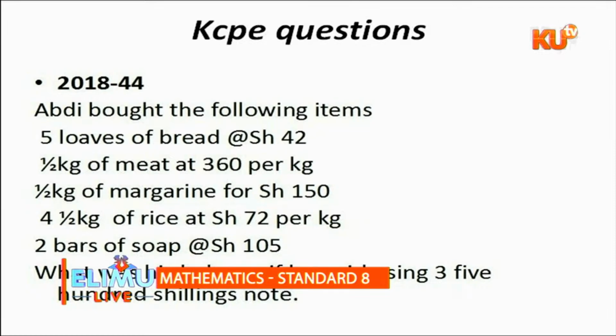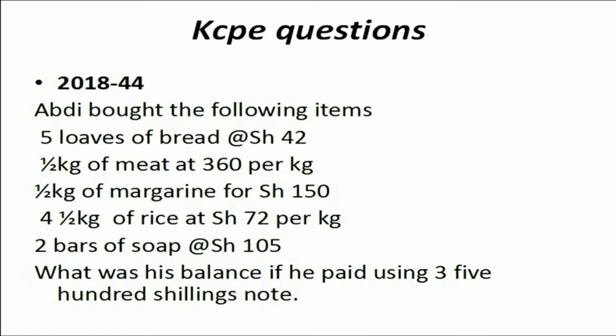What was his balance if he paid using 3 500 shilling notes? We go to the question, we calculate, and see what the candidates of KCPE 2018 were required to do.